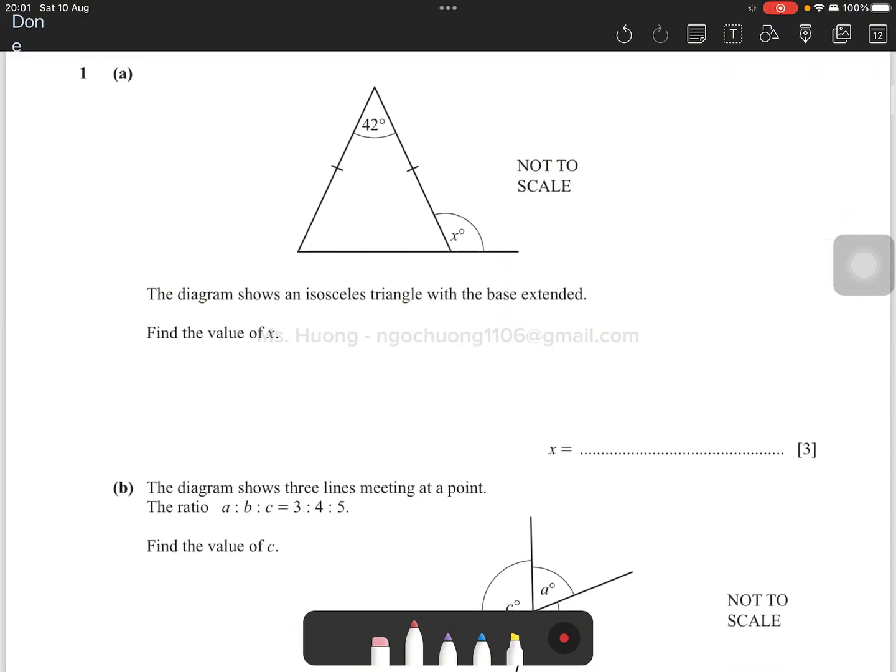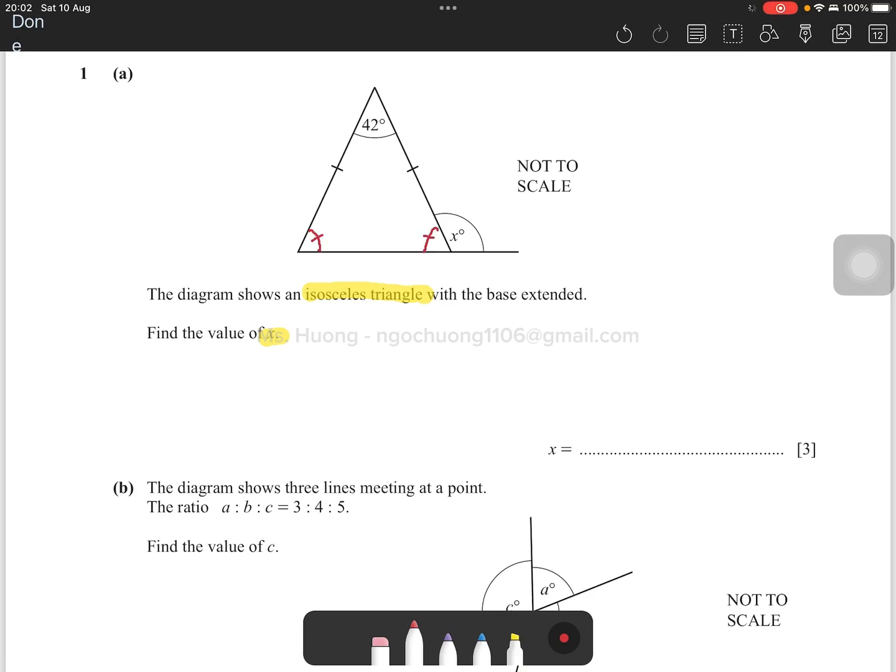Question 1. The diagram shows an isosceles triangle with the base extended. Find the value of x. First of all, we see an isosceles triangle, which means these two base angles are also equal.